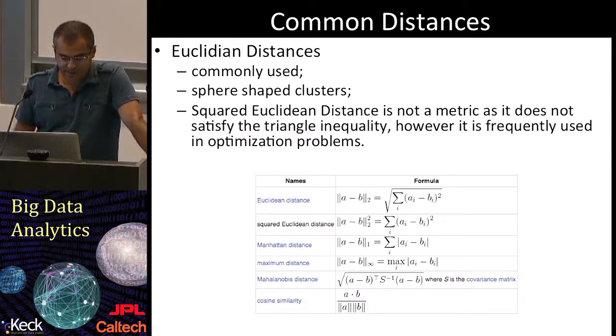Euclidean distances are probably the most commonly used and produce a kind of sphere-shaped clusters. They are often used in optimization problems, and especially the squared Euclidean distance, even if it's not really a metric because it doesn't satisfy the triangle inequality.